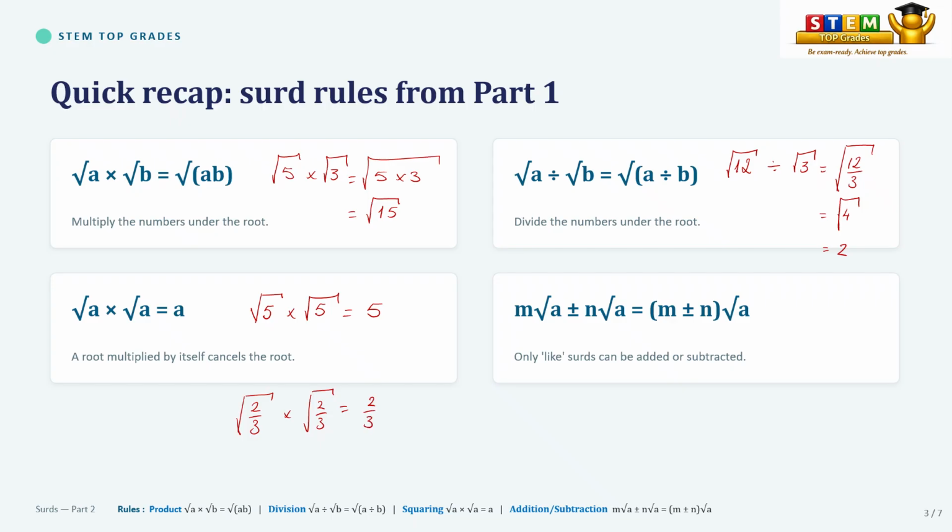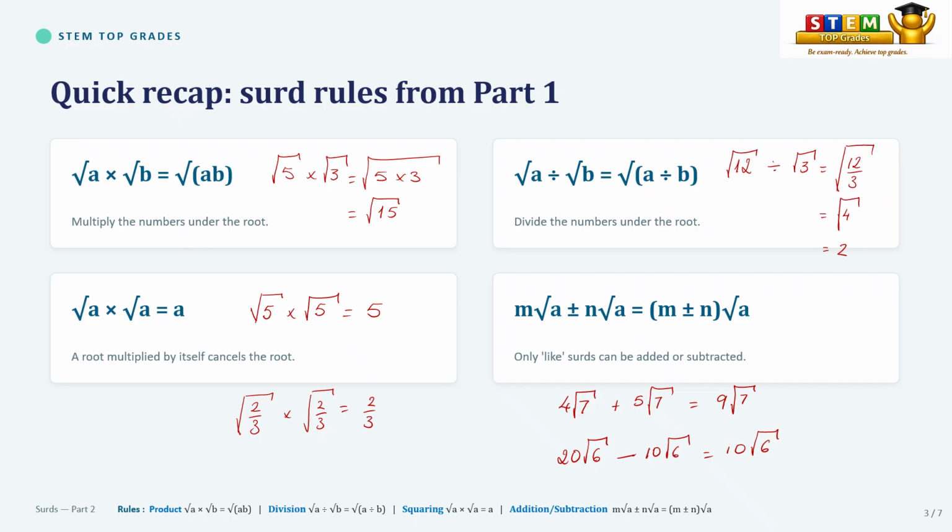The last one is the combination of surds through addition and subtraction. If you have 4 root 7 plus 5 root 7, then you get 9 root 7. For subtraction, 20 root 6 minus 10 root 6 will give you 10 root 6. So this is about the rules of surds.